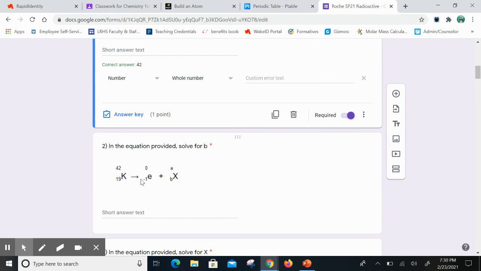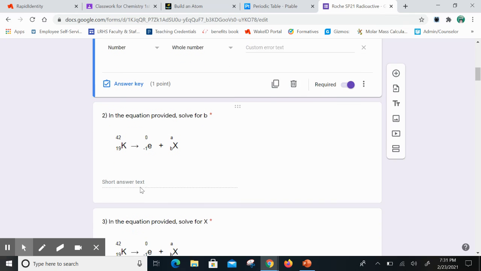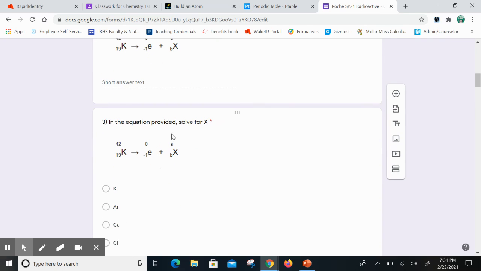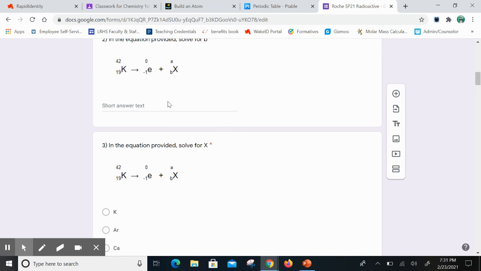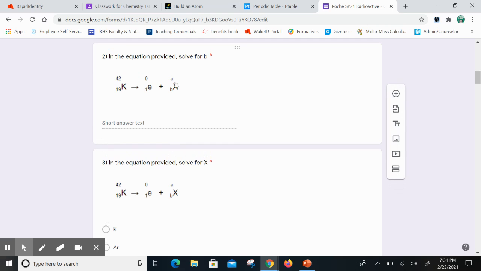Here, we're looking at the bottom ones for B. 19 equals, there's your arrow, minus 1 plus B. So 19 equals 20 minus 1, and there's the equal sign. So B will be 20. So therefore, this must be something that has 20 protons and a mass of 42.